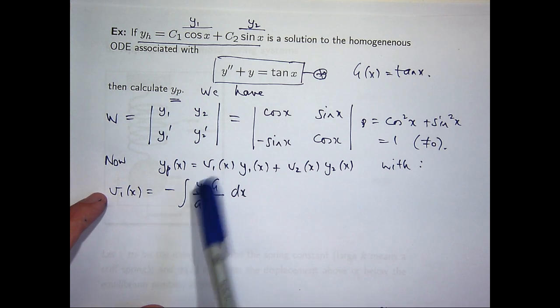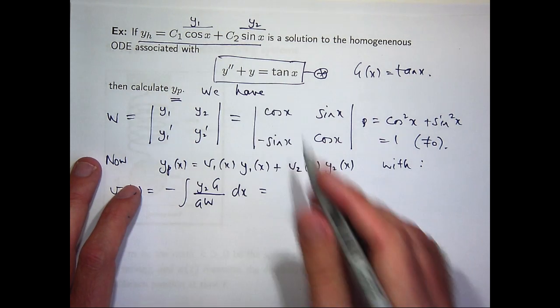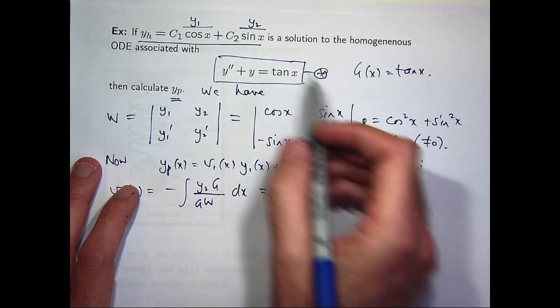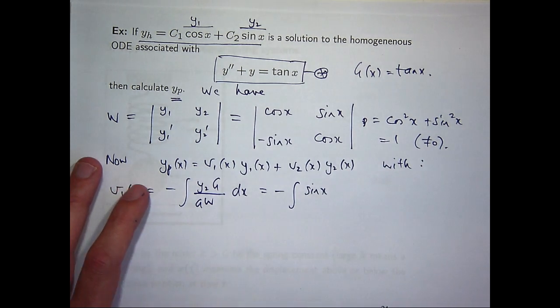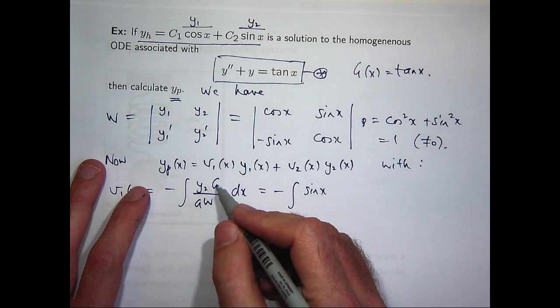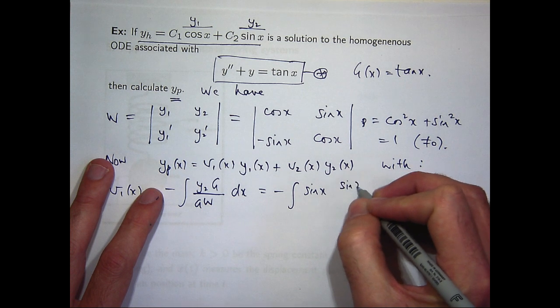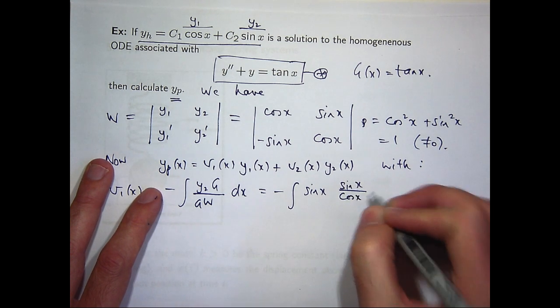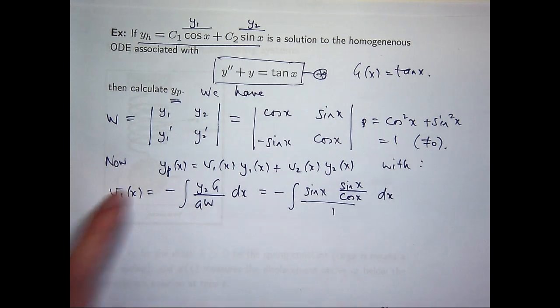I've left off the x's just to save a bit of space. So y sub 2 is sine x, g is tan x. What I can do is write g as sine x on cosine x. It's going to simplify things a little bit. And a is 1, w is 1, so we get this.